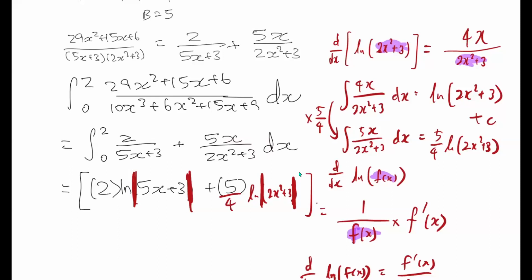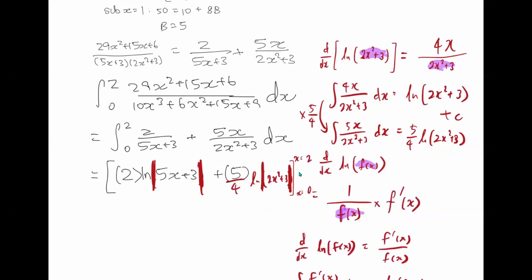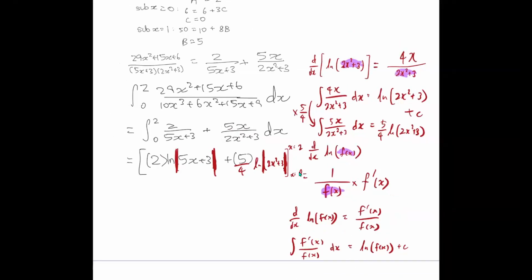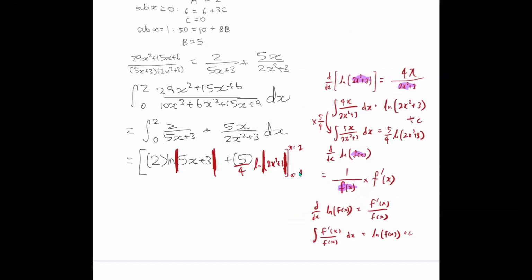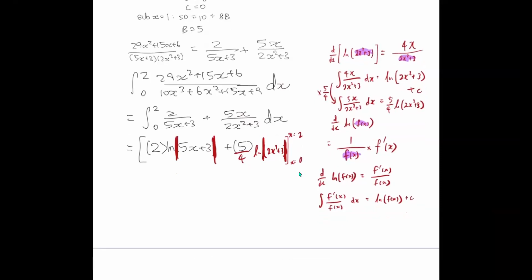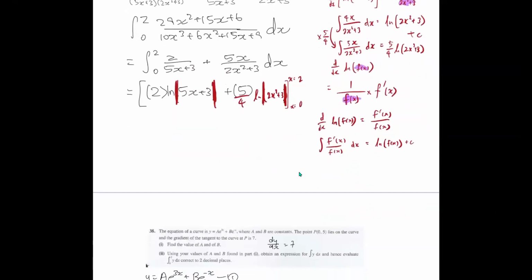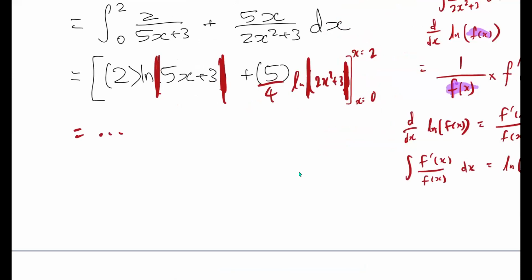Then after that, sub in the limits, x equals 2 and x equals 0. Let me just shrink down this working. And then I will leave you to substitute on your own. Just need to remember ln A plus ln B equals ln AB.